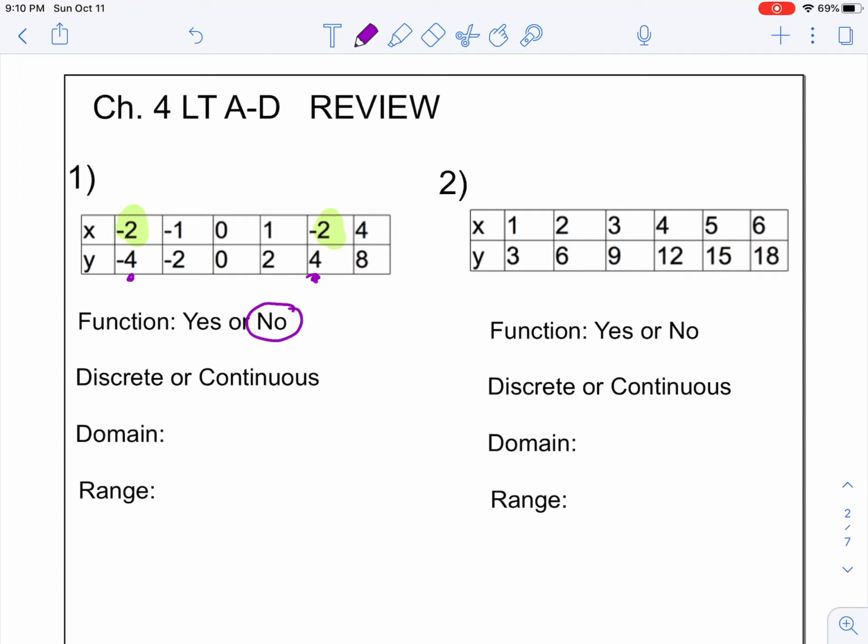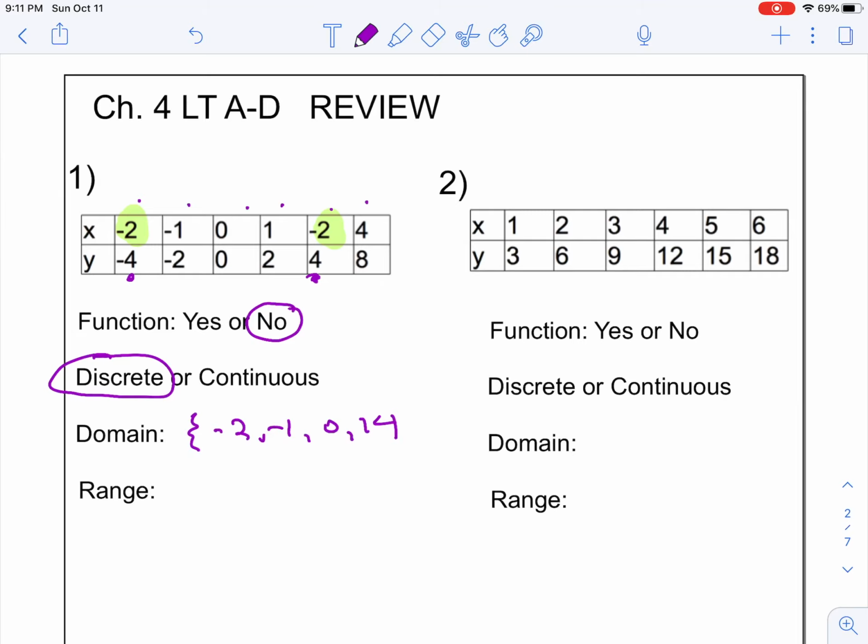It is a discrete function because it's individual points. It's not a graph where you have points that are all connected. The domain is the set of all x values. So the x values that I have are all of these right here. But you only need to list them once. And we usually go in order from the smallest number to the largest number.